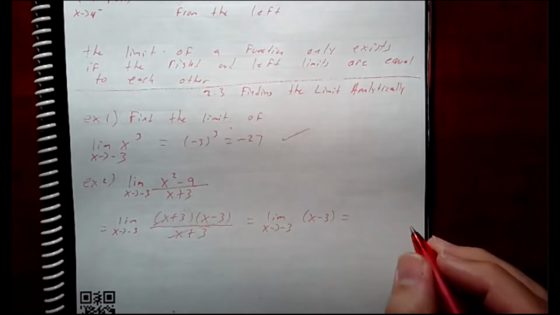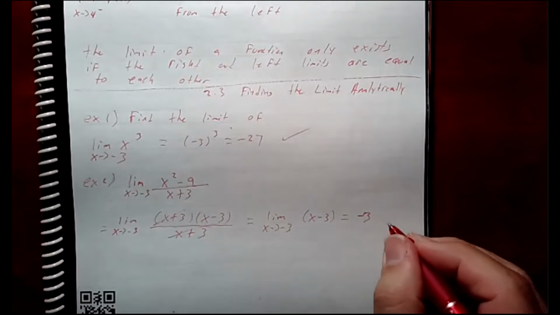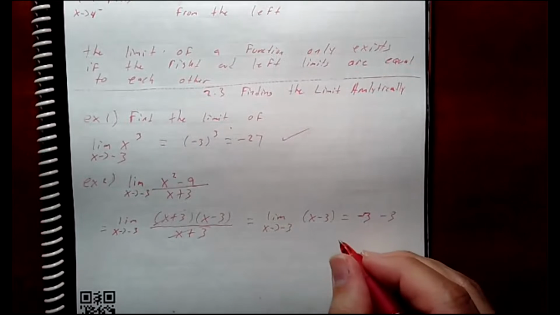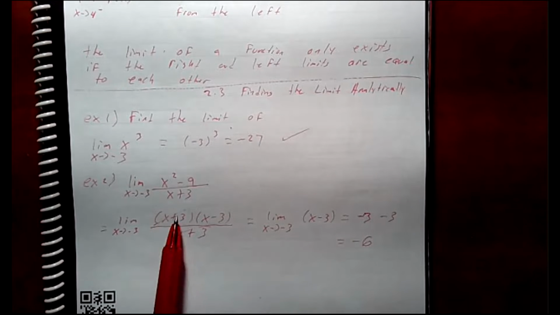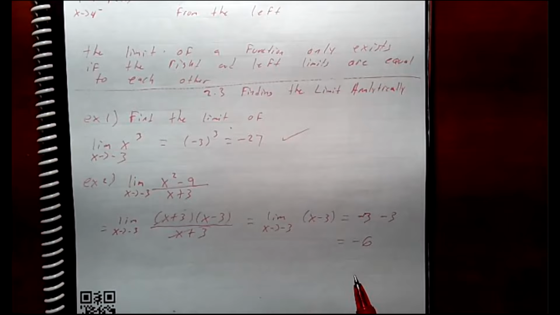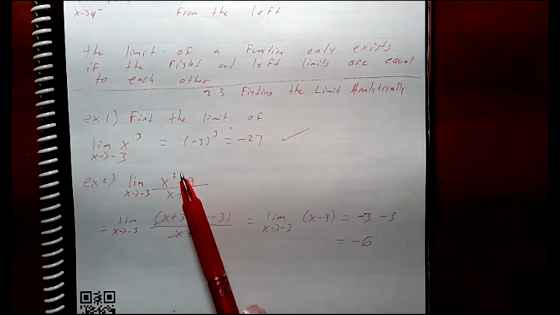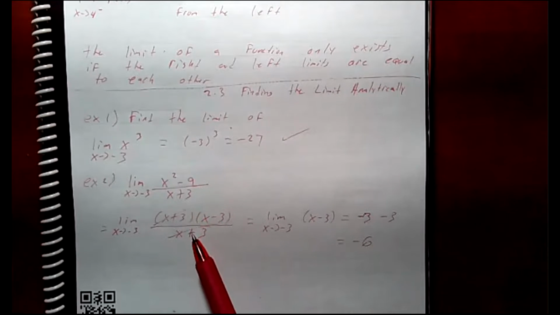So I'm going to plug it in right here. That'll be -3 minus 3, which is -6. So the limit, once I did the algebra, became -6. I was not able to plug it in straight up because of this division by 0.